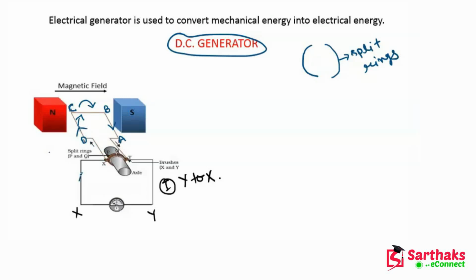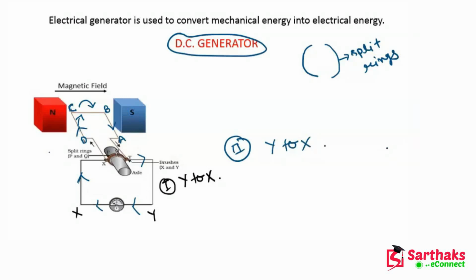So the direction of the current will be like this, and this AB is now connected to this Y. So now the direction of the current in the circuit will be like this. So you can see that the direction of the current in the second case, or you can say in the second half rotation, is still from Y to X. It is not getting changed.